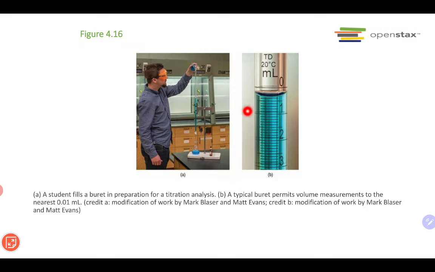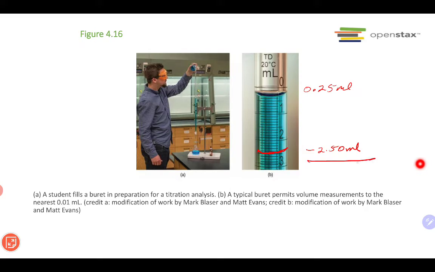And if you open the valve and you end up with a volume down here somewhere, and let's say that was right on 2.50 milliliters, and my beginning one looks like it's at a little bit past 0.2, so this would be 0.25 milliliters.